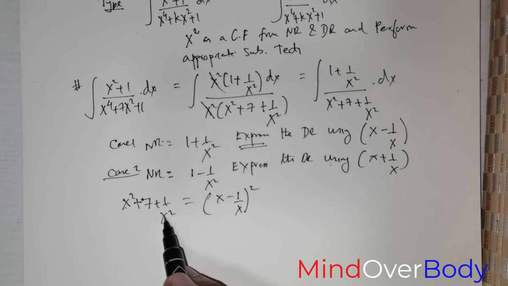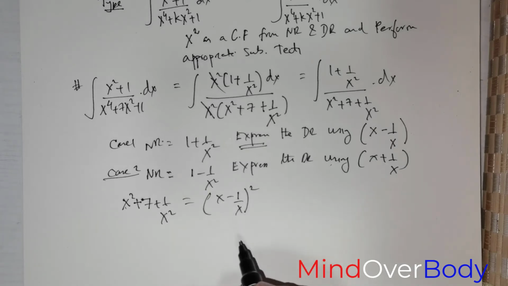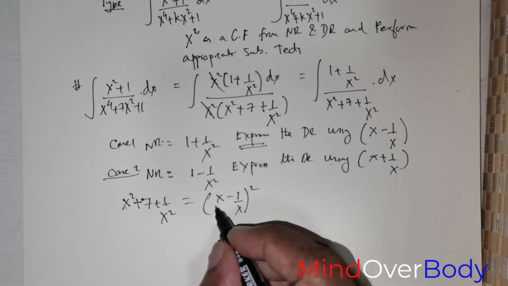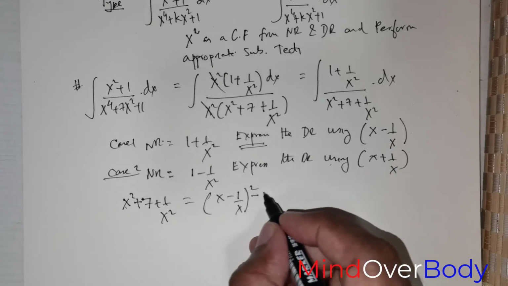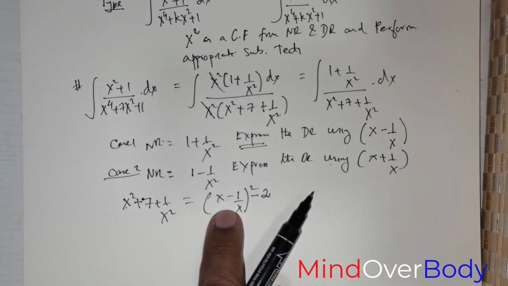That will produce this term, x². But when you take 2ab, that is negative 2ab, you will have negative 2 times x times 1/x. That's going to give you negative 2, right? So that is going to be coming here.